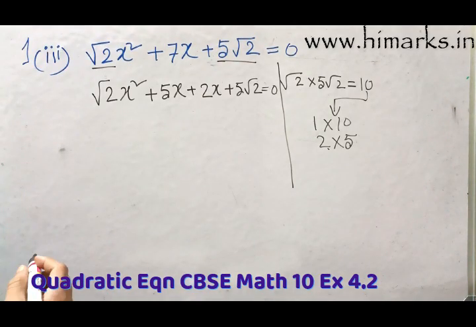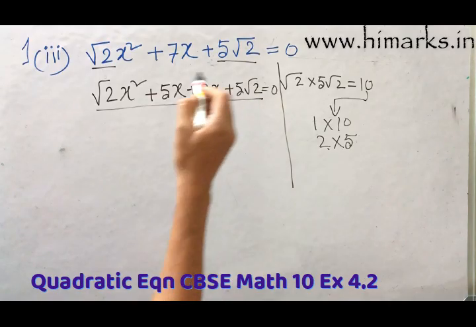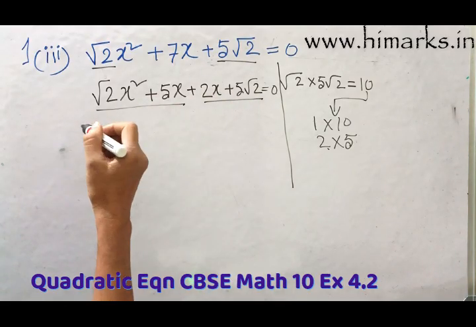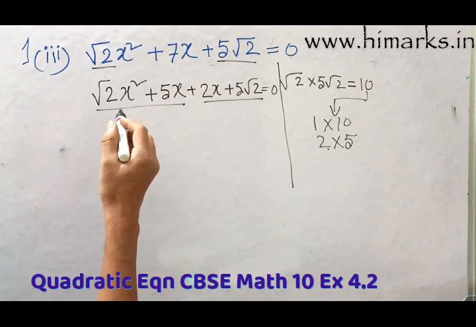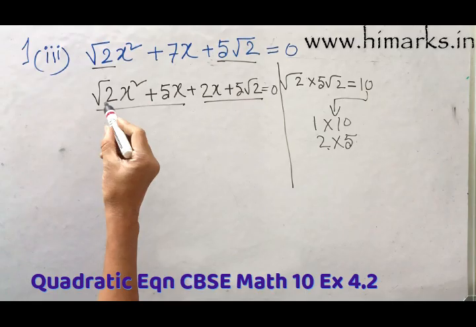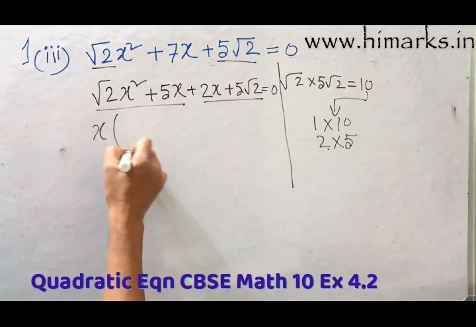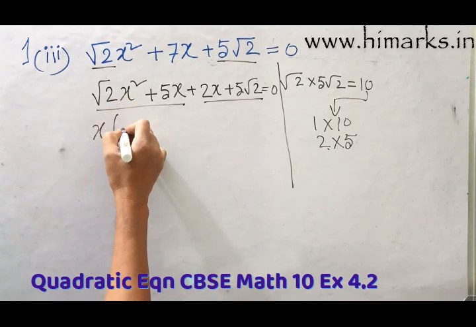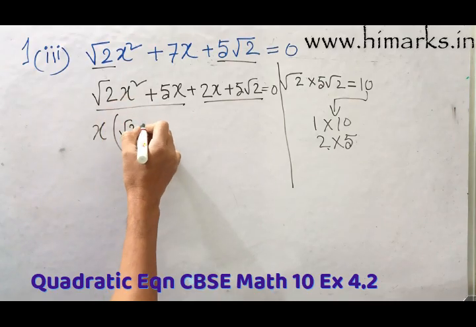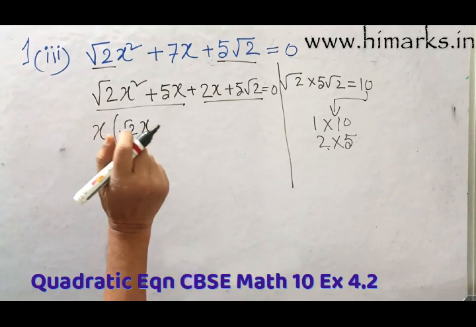Okay, so now if you observe here, what is the next method? Grouping. So here, what things are common? Let's see. X is the only common factor here. Correct? So whatever is common, take it. X common. So how much remains here? Root 2 x remains, since only x has been taken out.